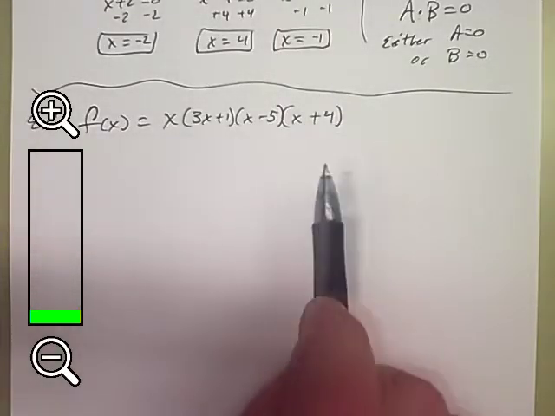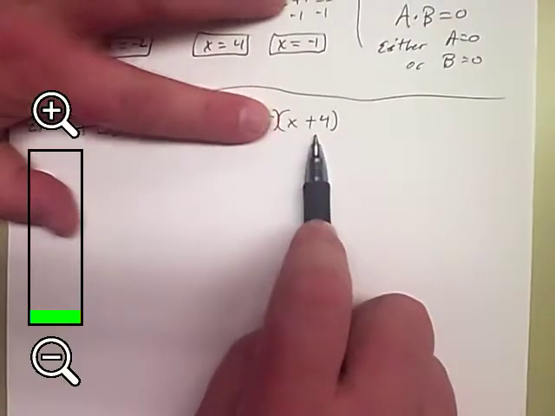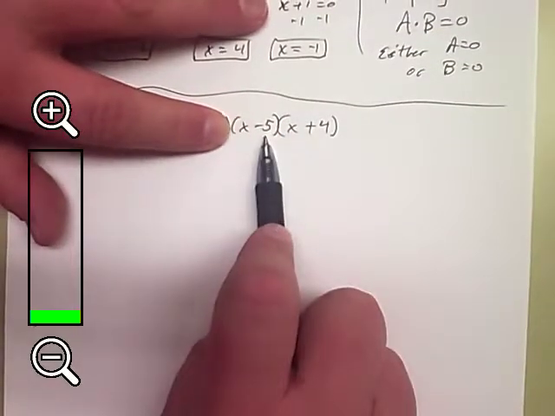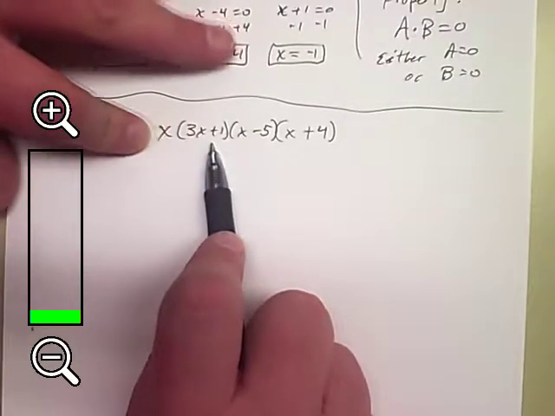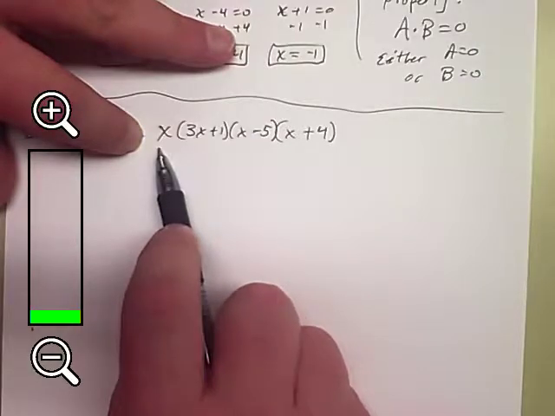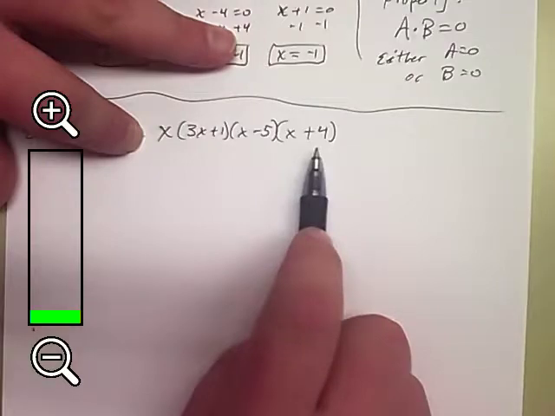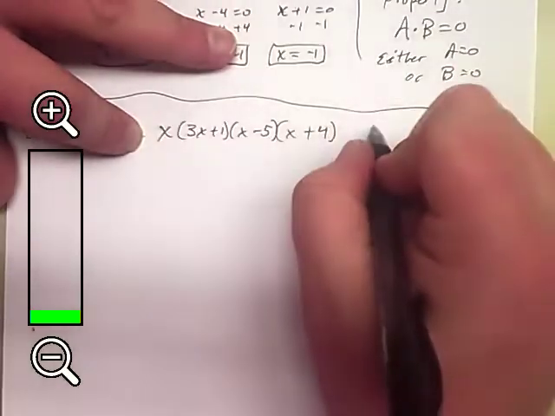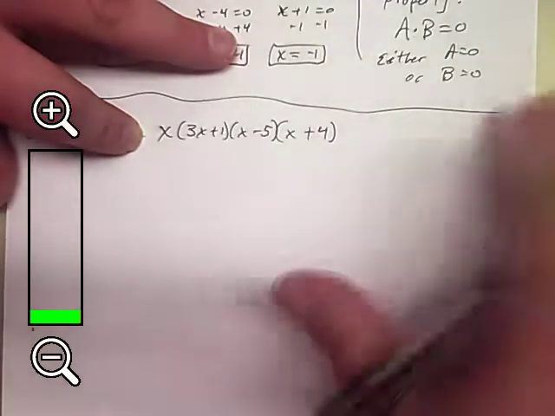I could easily say, okay, so x + 4, let's go look at the end. x + 4, obviously that's 1. x - 5 is another one. 3x + 1 is another obvious factor. But what about this guy right here, just x, right? This is yet another factor. So here we have 1, 2, 3, 4 factors, right? So just a hint, a reminder to ourselves, the degree here is 4, so I hope at the end I end up with 4 answers.